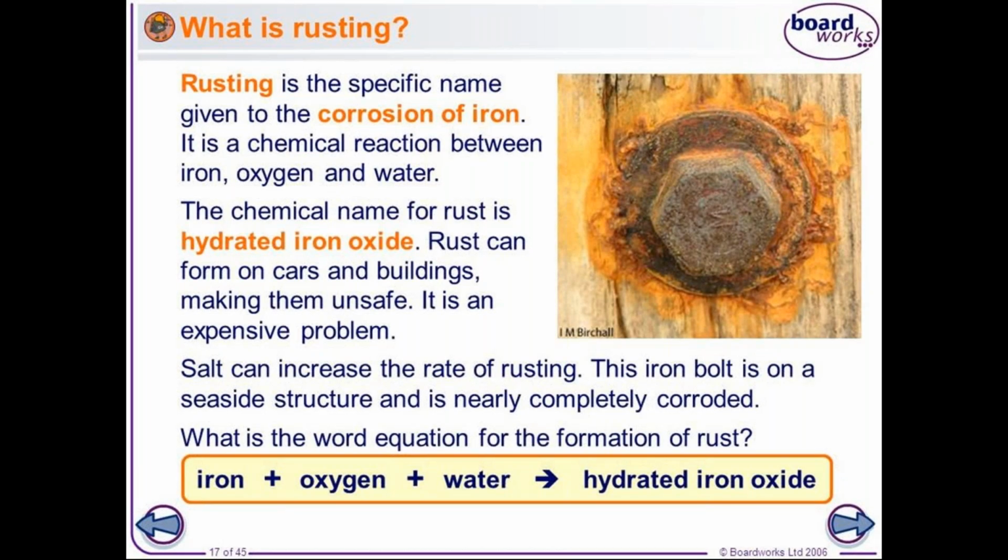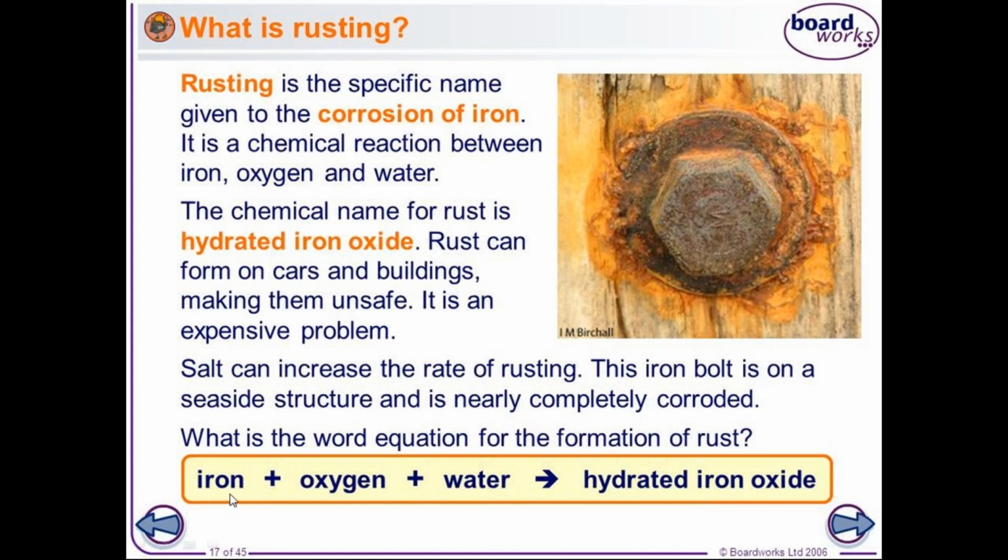When it comes to rusting, it's the same process, the same chemical reaction, but when we say rusting, we specifically mean corrosion of iron. When iron is in contact with oxygen and water, it rusts and forms hydrated iron oxide.